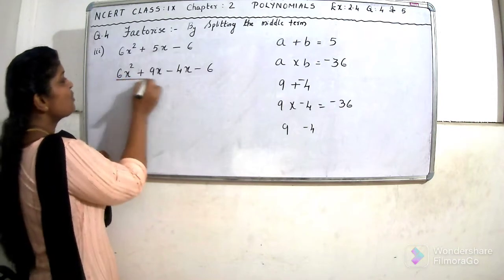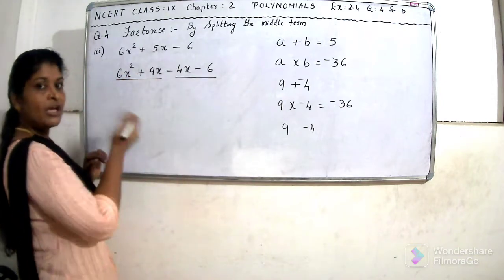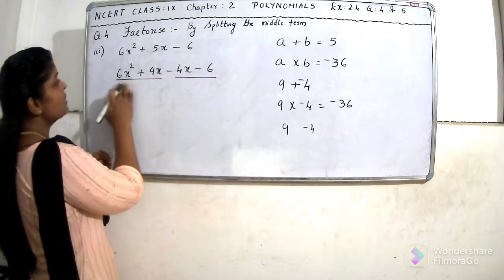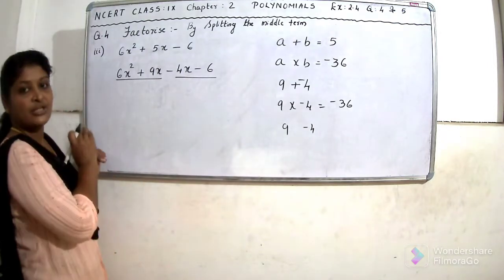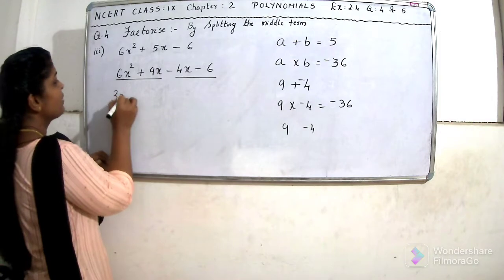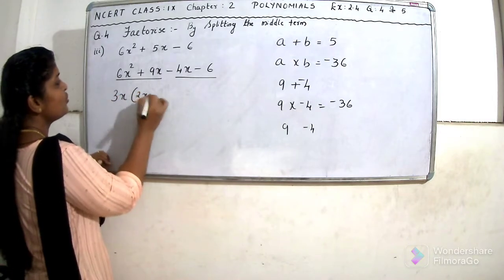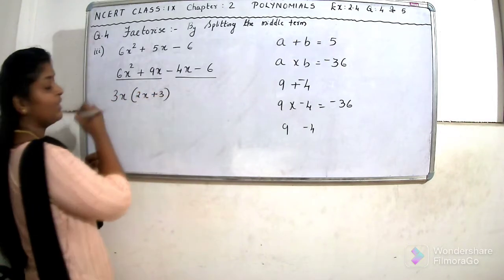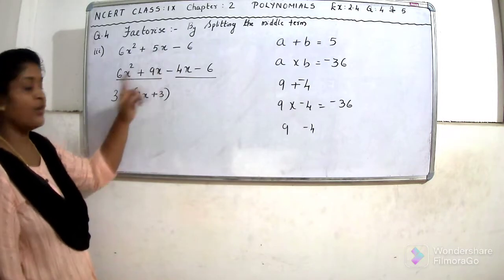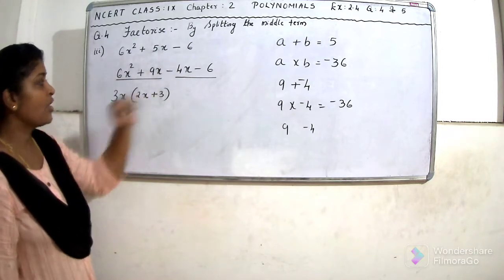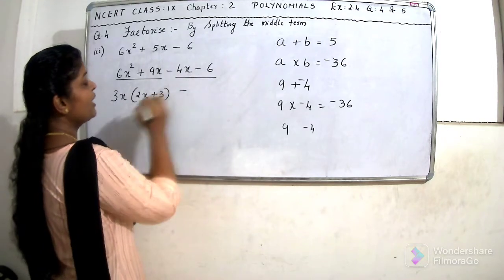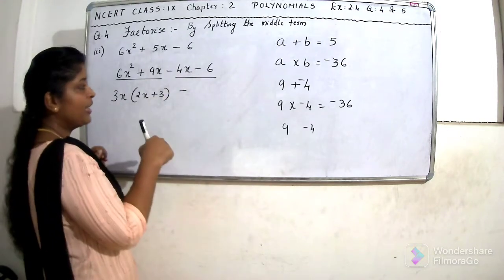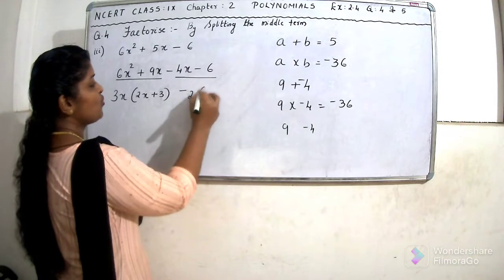Now grouping, and take the common outside. In these two terms, 3 is going into both, and x is also common, so we can take 3x outside. So 2x plus 3, because 1x only, that we already took outside. Now come to the next group. Here negative is common, we can take negative outside, and 2 is also common.